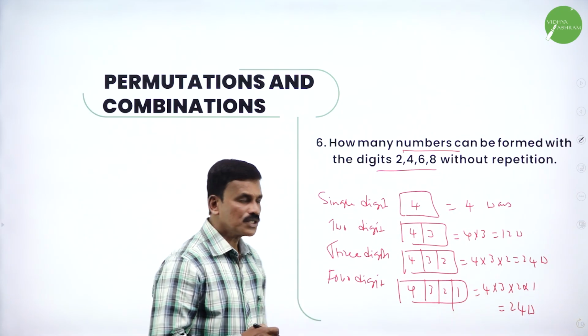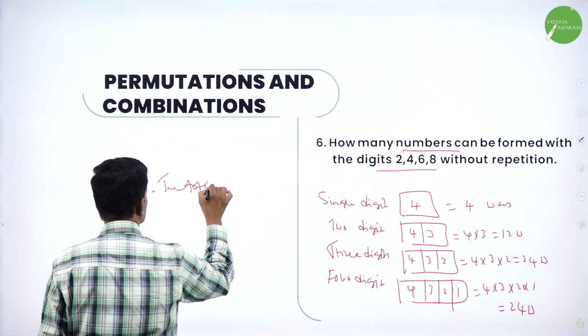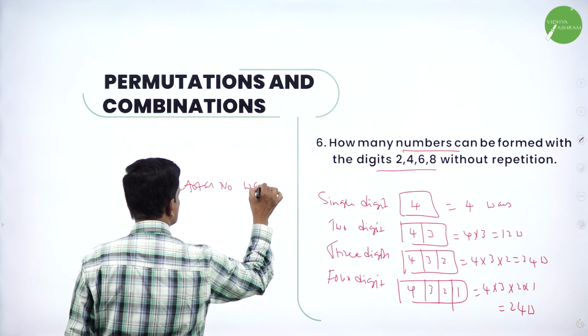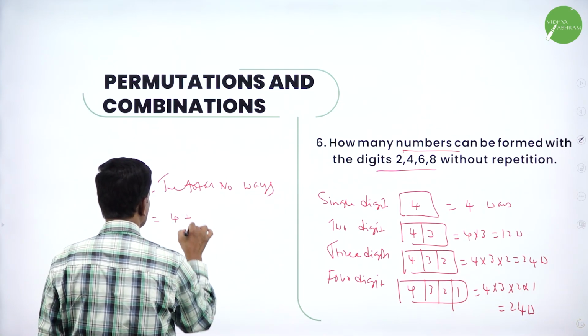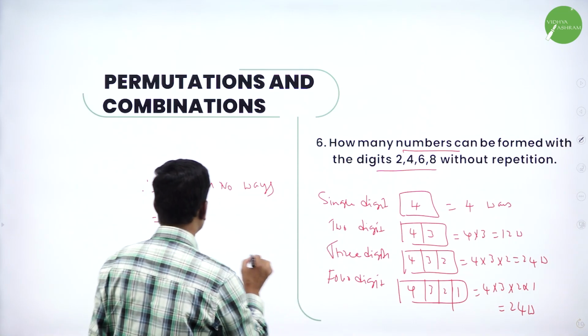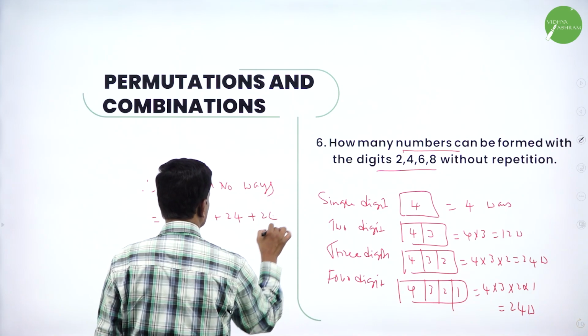Right. So therefore the total number of ways is 4 plus 12 plus 24 plus 24.